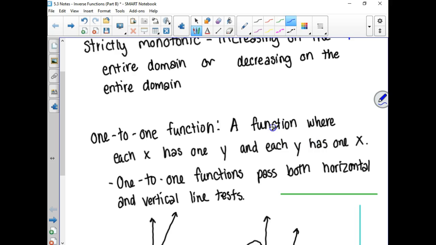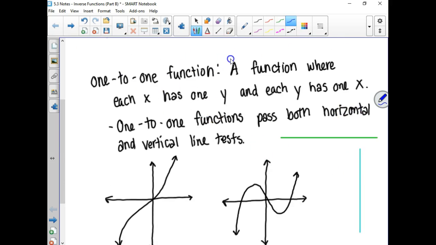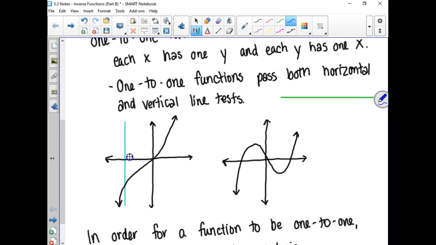So a one-to-one function is a function where each X has one Y and each Y has one X. So this is monogamous relationships here, where you only have one boyfriend and your boyfriend only has one girlfriend. So this is the way the world should work, if you're going to think of it that way. So for a one-to-one function, none of the X's can be repeated and none of the Y's can be repeated. Whenever we did functions, we did a vertical line test, right?